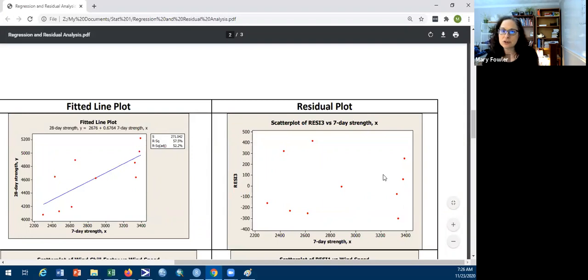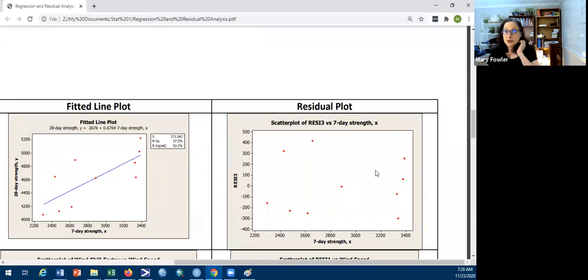So this is a residual plot, and residual plots are a way of checking underlying assumptions in the regression model and whether or not those assumptions are met.